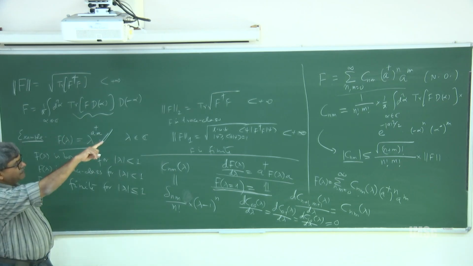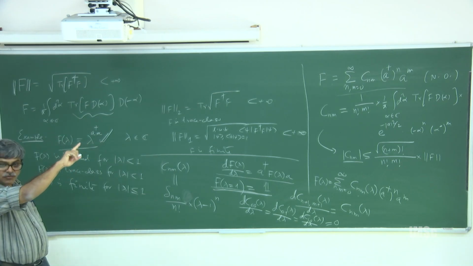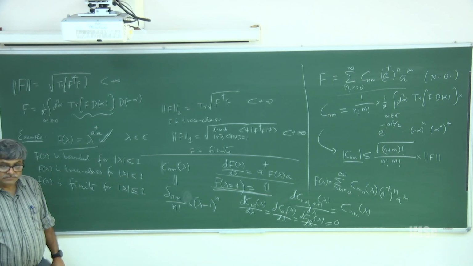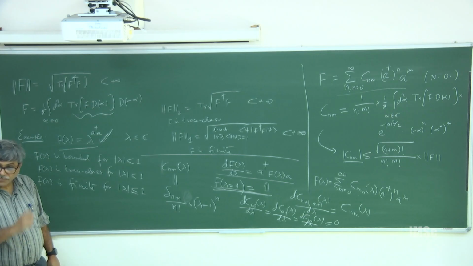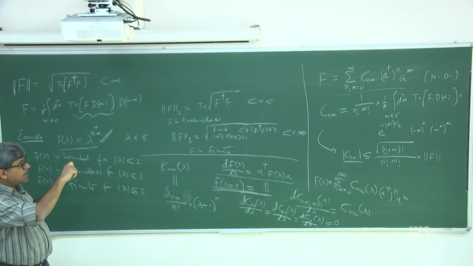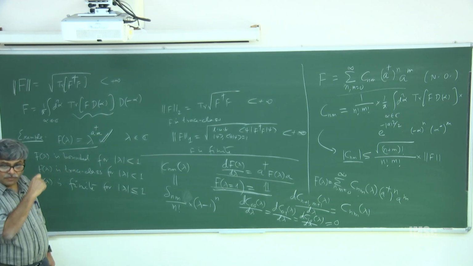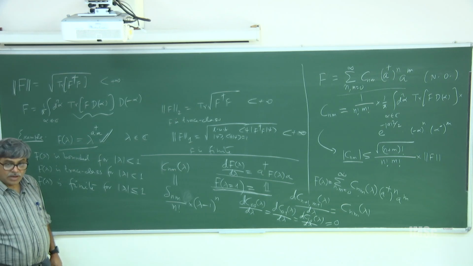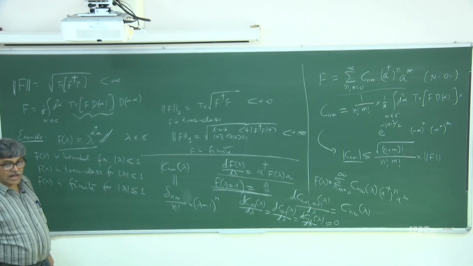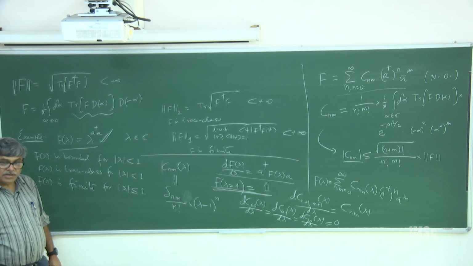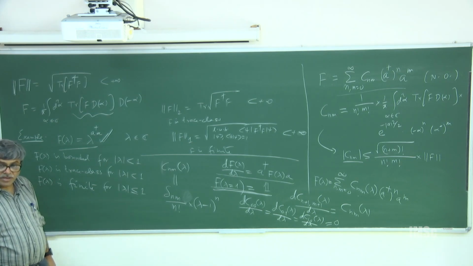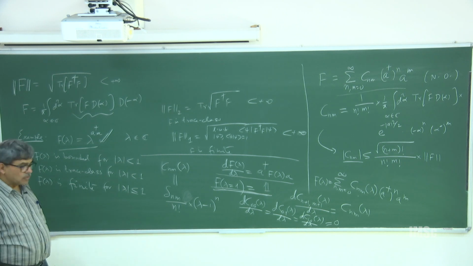I am talking about f(λ) at λ equal to 1. The coefficient corresponding to n = m = 0 is C_00(λ), and at λ equal to 1 that has to be 1, and the rest of them are all 0.